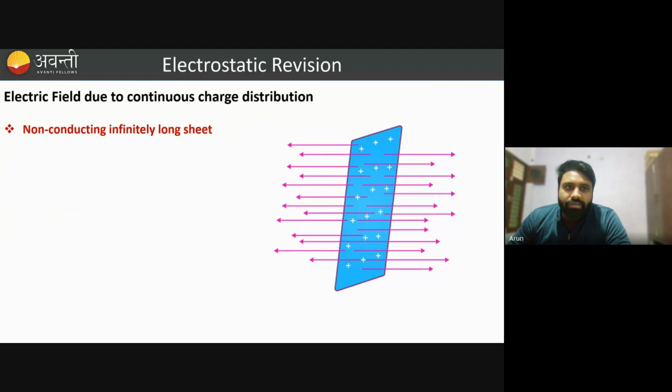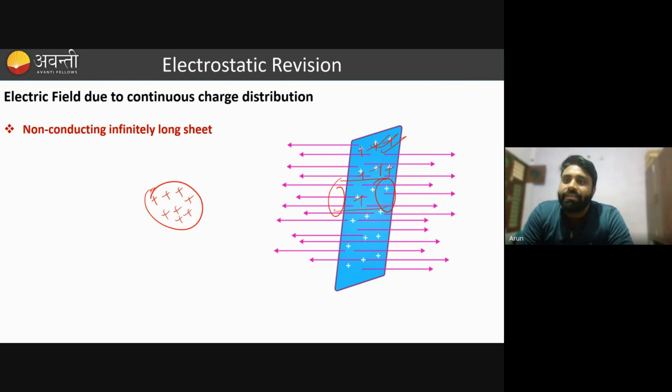But if you talk about the non-conducting sheet and you have given charge to this surface, you know that this sheet is non-conducting, so the charge will not travel to the other side. If you make a pillbox, the Gaussian surface, covering this surface of the sheet, only this side has charge, but on the opposite side we do not have any charge.